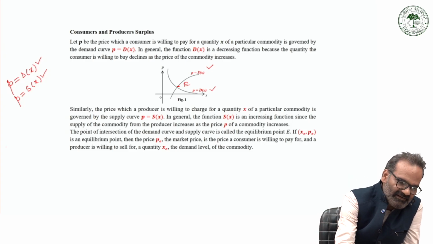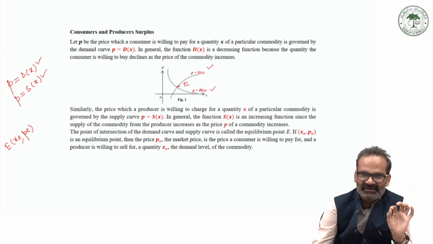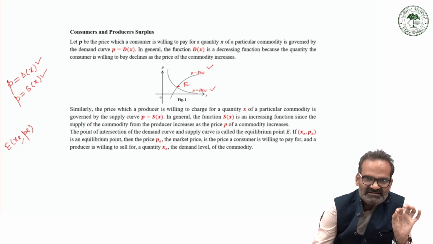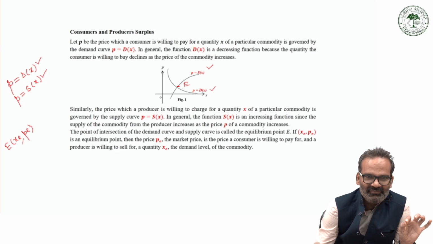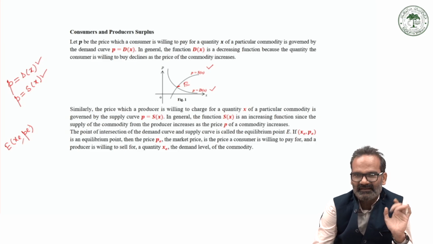If I take E as (XE, PE), see here, E means equilibrium. I am using the subscript E to mean this is a point of equilibrium. So XE and PE are the coordinates of the equilibrium point, right?